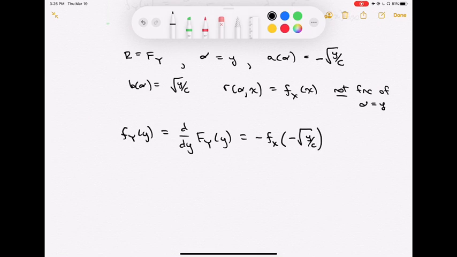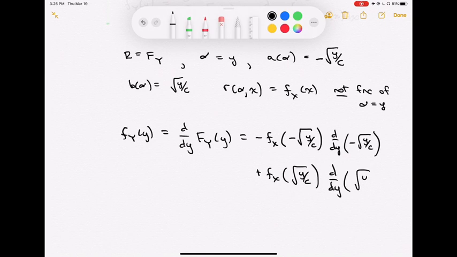And I'm going to have a d dy, because I have to differentiate with respect to that parameter, and I'm going to get a minus root y by c. That's the first term, plus an f_X of root y by c, and I need to differentiate that d dy of, in this case, root y by c, something along those lines.